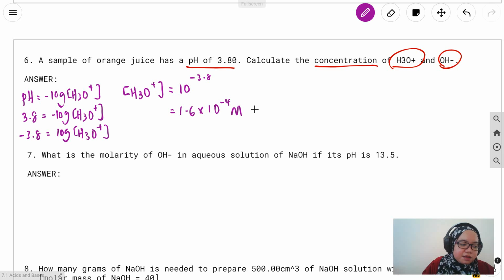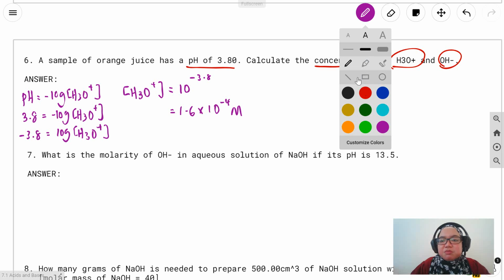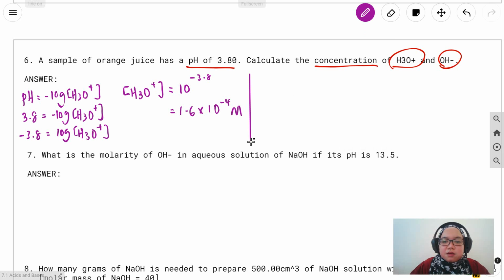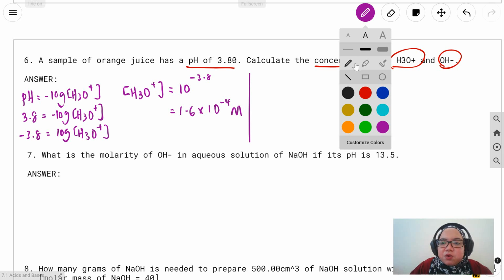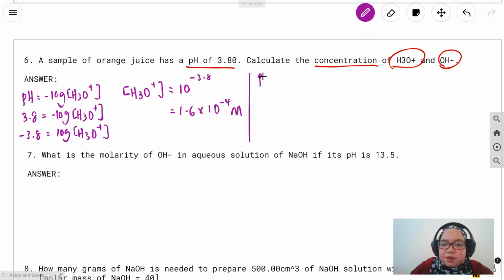Alright. Okay, now to calculate the concentration of OH minus there are two ways. One, we find pOH, then find OH minus. Two, we use Kw equals concentration of H plus times concentration of OH minus. Either answer is fine. Okay, for the answer, we use the pOH method. So we know that pH plus pOH is equal to 14.